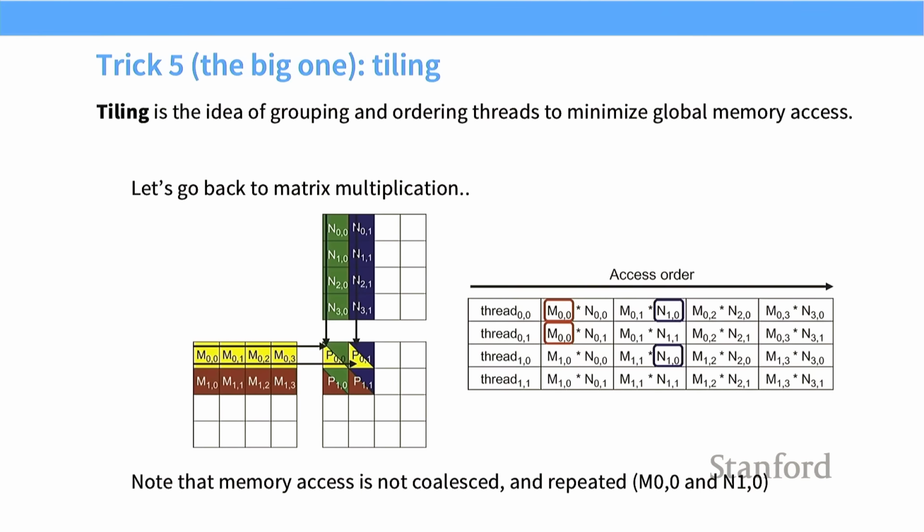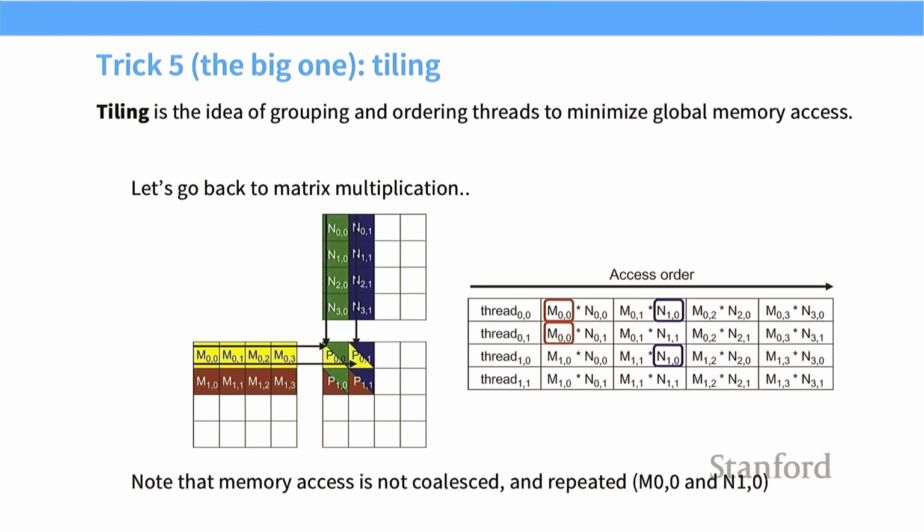And hopefully I'll be able to explain to you why a naive algorithm for doing matrix multiply is going to be very problematic. And then afterwards, I'm going to give you a tiled version of the same idea. And hopefully you'll be able to see why that's going to reduce the number of global memory reads that you have to do. So let's start with this very simple matrix multiply algorithm.